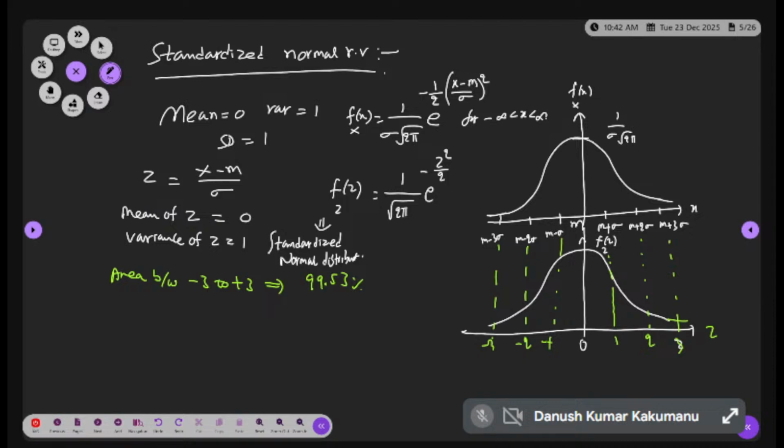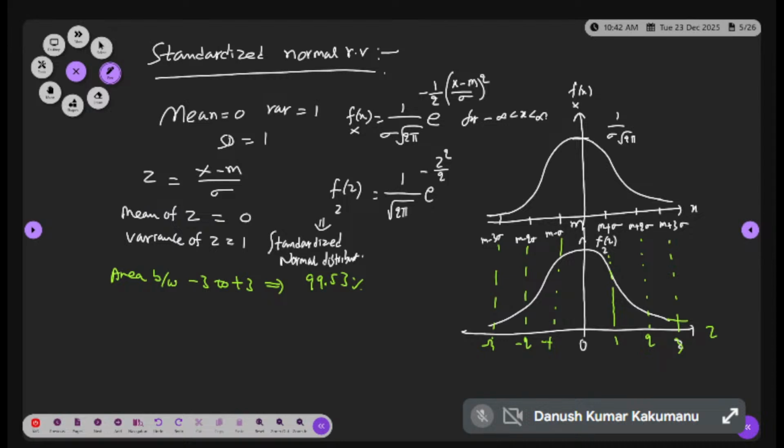All your tables are prepared in terms of the Z standardized normal. How many parameters are in this one? Two: m and sigma. But there are no parameters here. In f of z, no parameters. In f of x, two parameters. Understand the question.